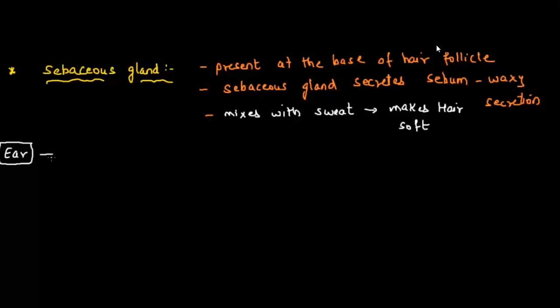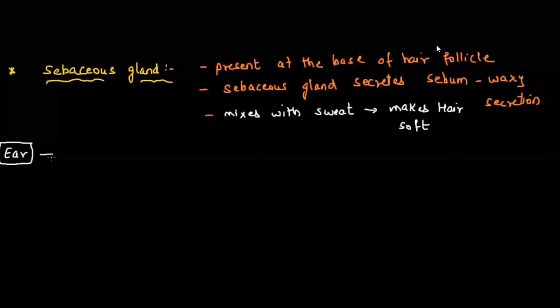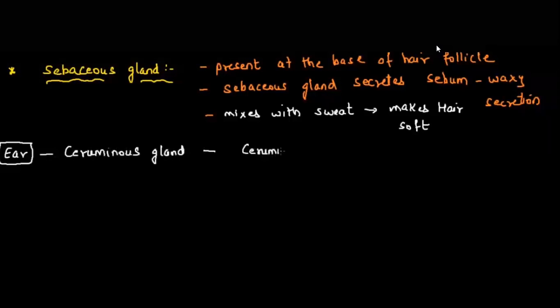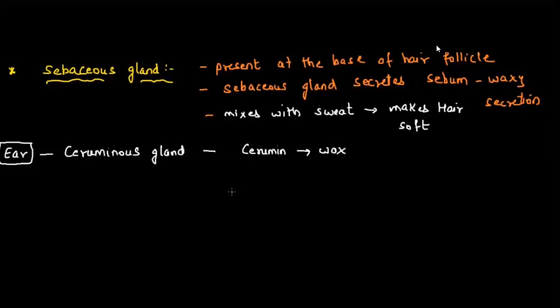The reason is that whenever somebody speaks, he pushes air into your ear, and if there is any dirt particle in the air, it will stick to the wax and make it brown in color. So remember, wax is normally white. The ceruminous gland produces cerumen, which is nothing but wax.